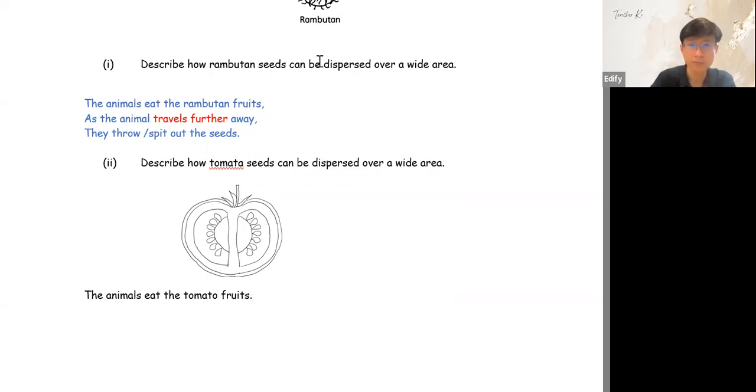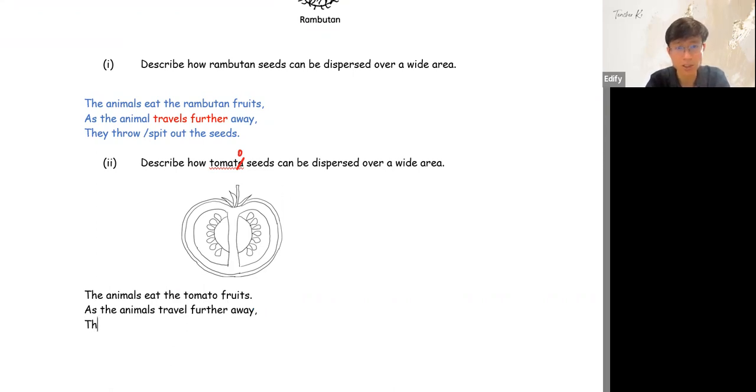Oh, wrong spelling, there's a typo here. Okay, you eat the tomato fruits, and then as the animals travel further away, right?